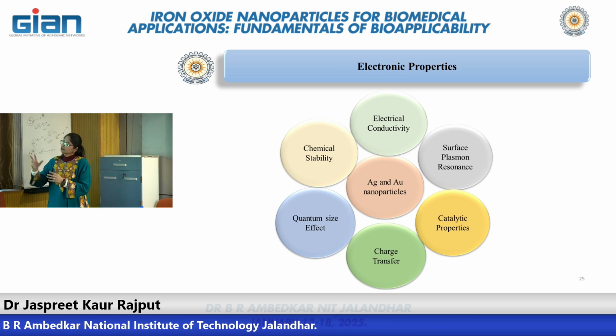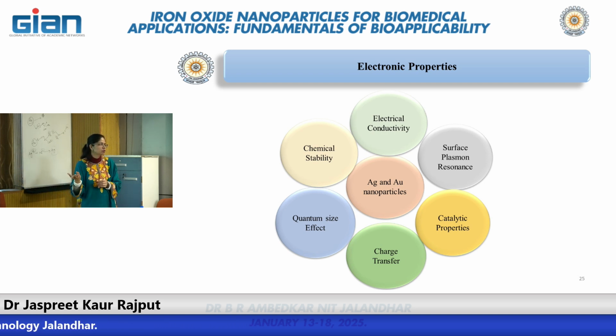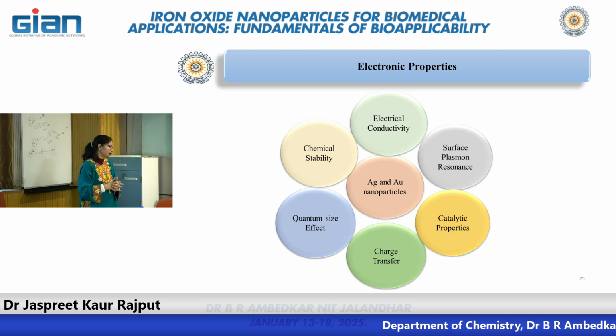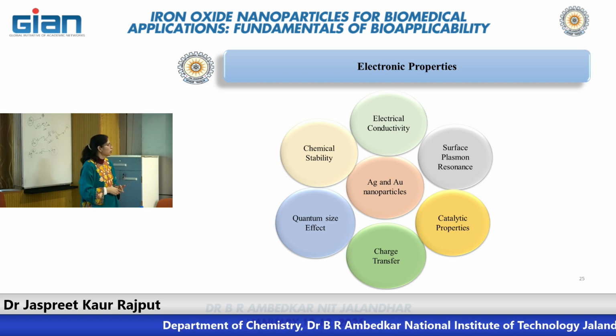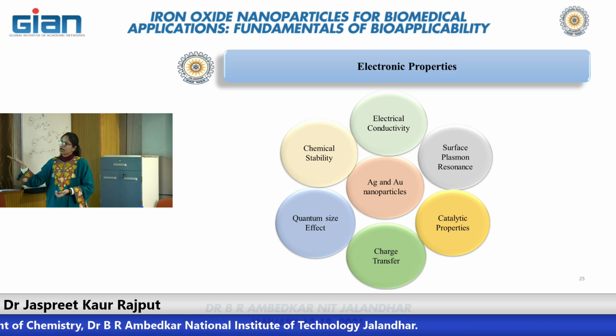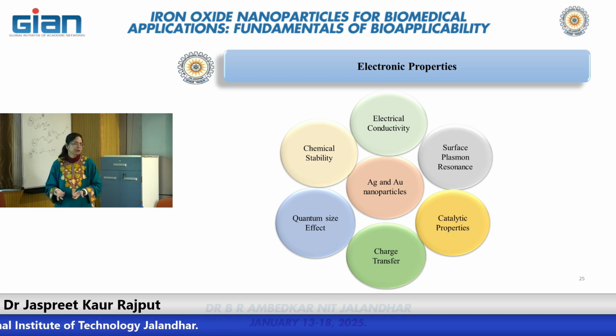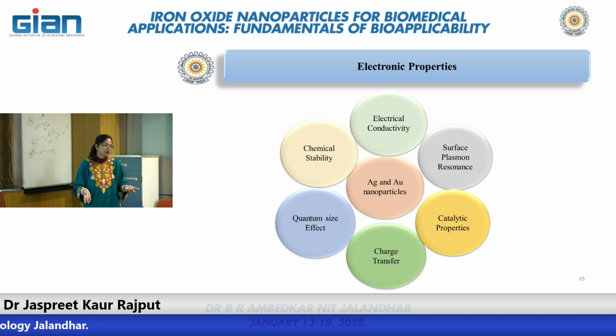And again, the surface plasmon resonance will decide the optical properties. So sometimes the optical properties can be aligned with the electrical output, and you can sense the material, and this technique is used in the biosensing of the material. Obviously, I have told you that silver and gold have better chemical stability as compared to other metals, although they are costly.